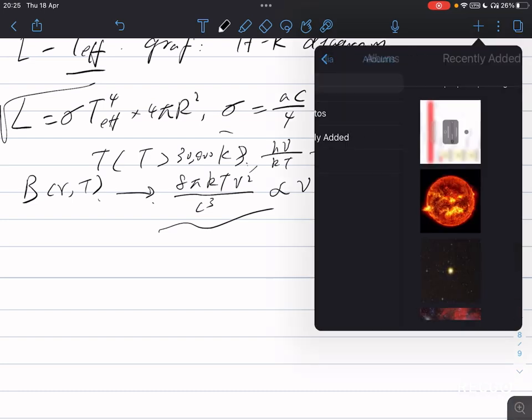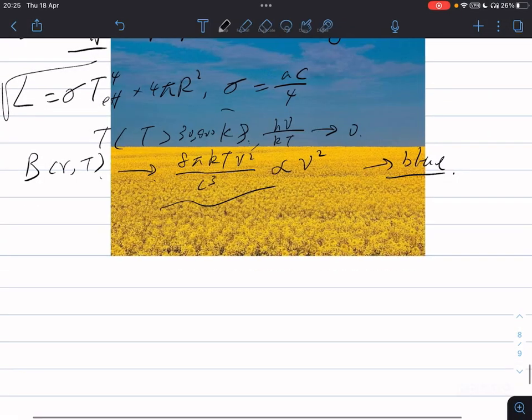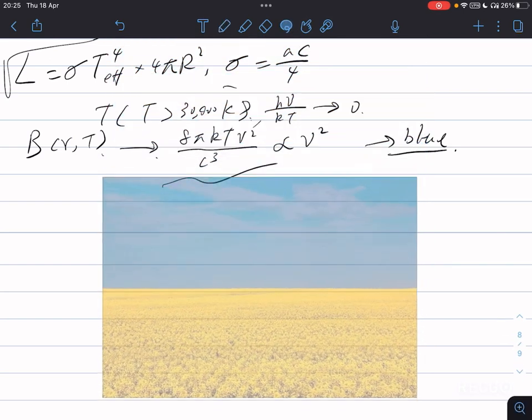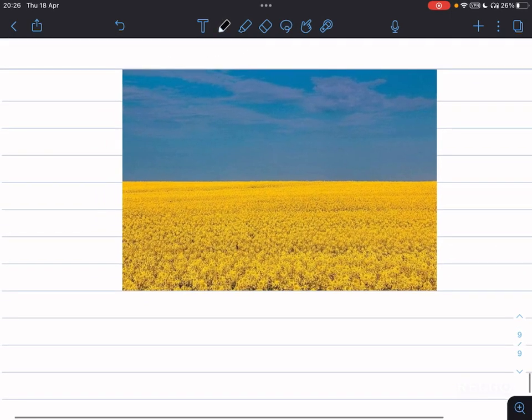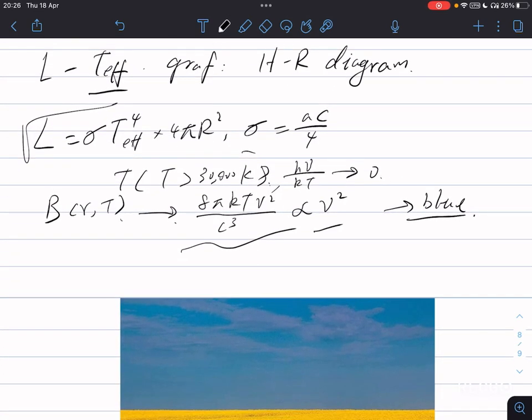Why do we have a blue sky? Actually, the distribution function for the light scattered by the molecules in the atmosphere happens to be proportional to the square of the frequency too.